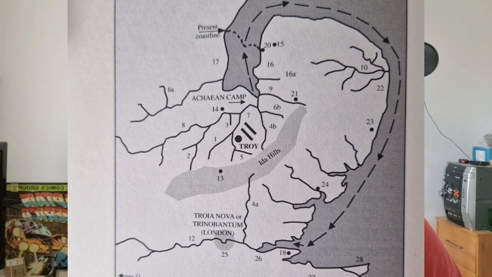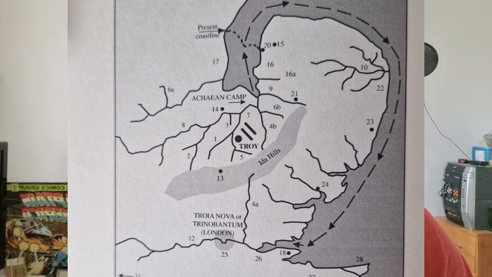However, if you look where it says present coastline, if you were to draw a line west inland, this is the region in which Mount Ida is situated, as we discussed in previous videos. So you had Ida Hills and Mount Ida. However, enough of that. That was a long introduction. Like I say, we're going to go straight into this now.